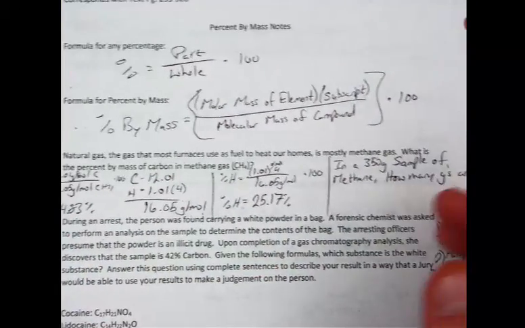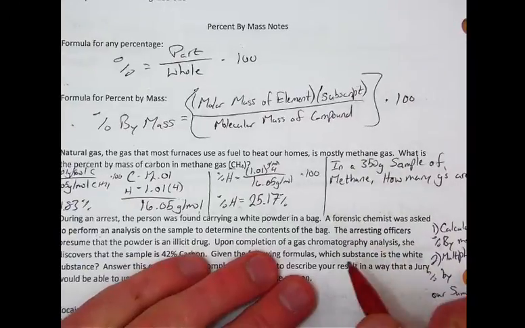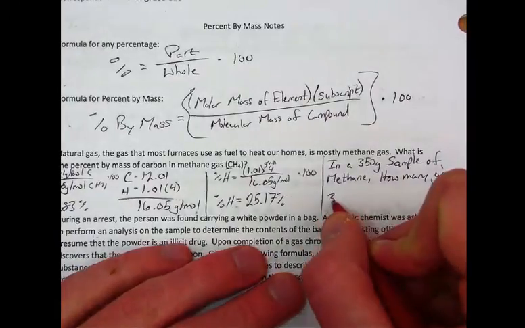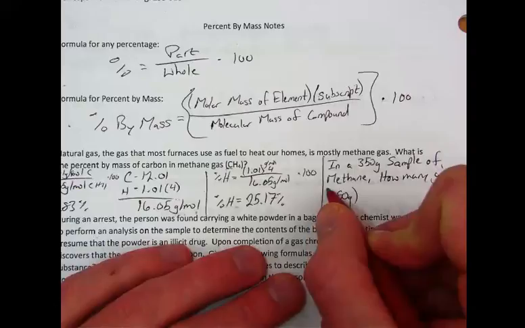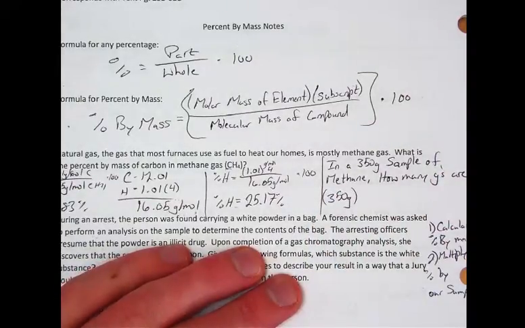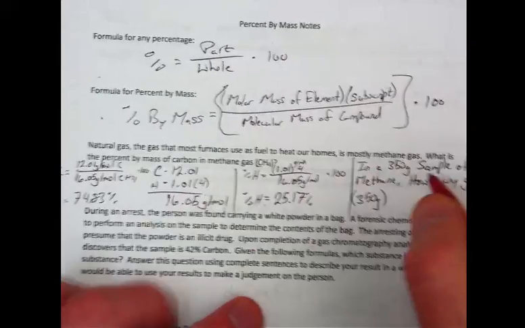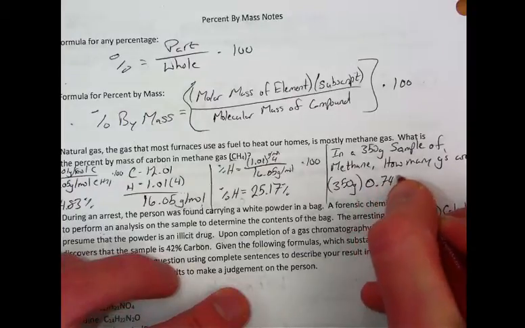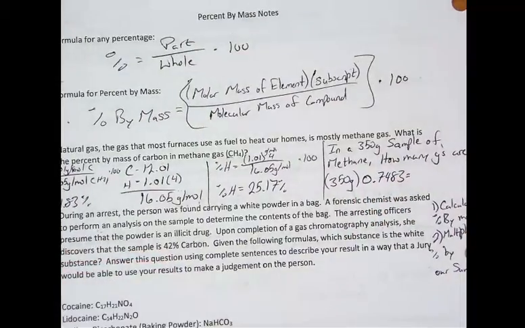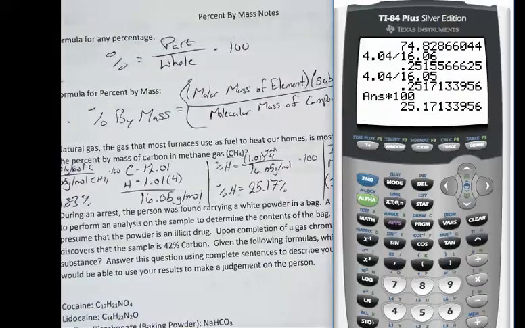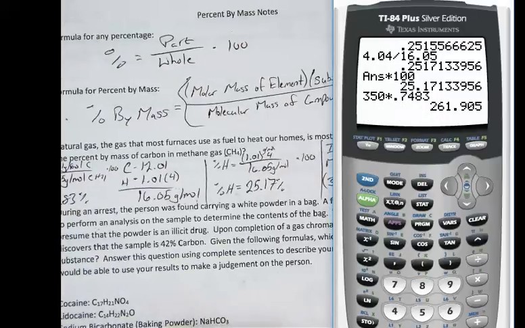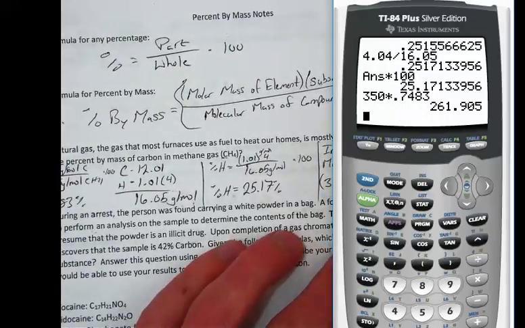You must convert it to decimal form. So we say 350 grams, and then just like you would multiply your 25% by the price of your favorite pair of jeans that you're going to purchase at the Gap, we're going to multiply this 0.7483 by our 350 grams. So that is 350 times 0.7483, which gives us 261.91 grams of carbon.